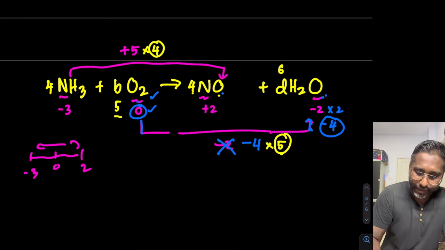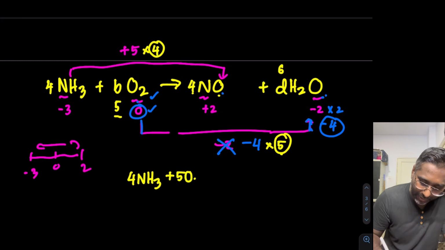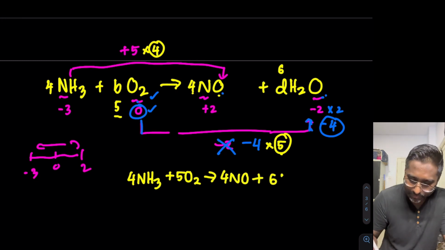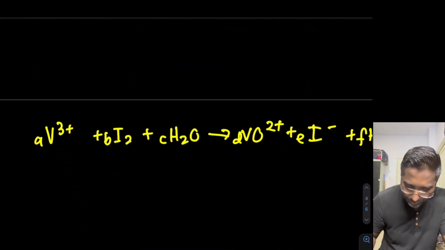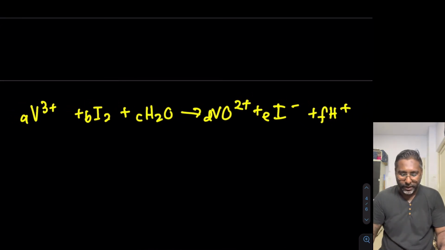So it's trial and error. In the end, I put the 5 over here. And I have 4 NH3 plus 5 O2 to give me 4 NO plus 6 H2O, so it's balanced. So let's actually have a look at another one.